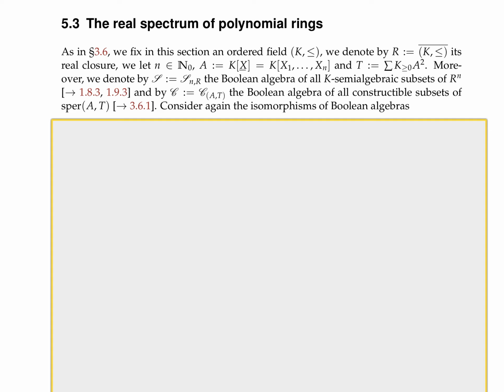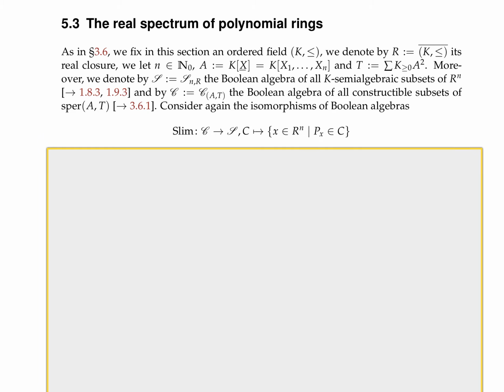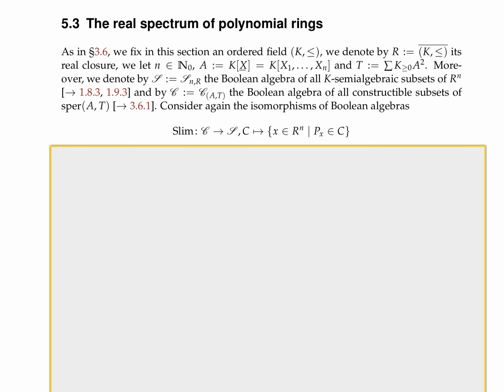Consider again the isomorphisms of Boolean algebras, namely the slimming from C to S. You take a constructible set, and every point x in R^n, as we had learned, gives rise to a prime cone, namely Px.